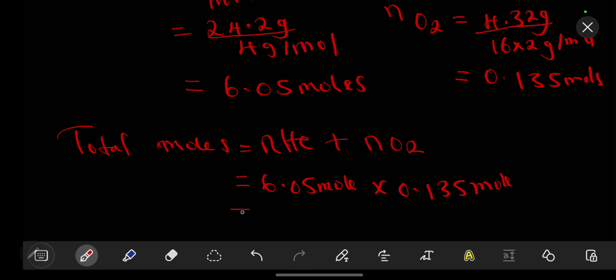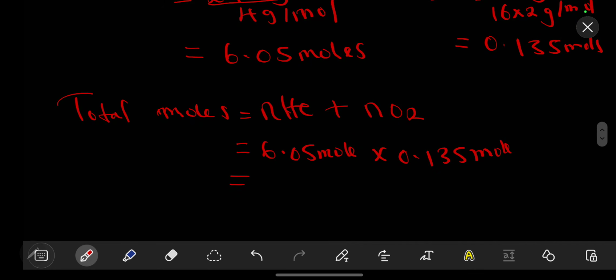When we add these, we get a value of 6.185 moles. So this is the total moles.